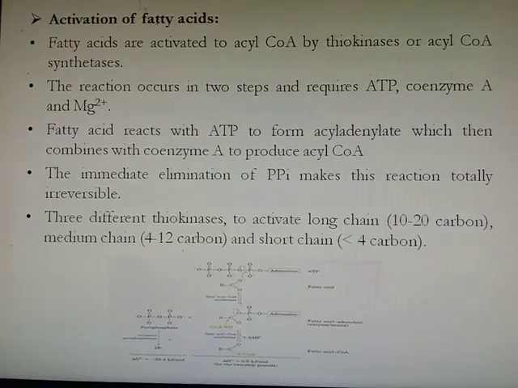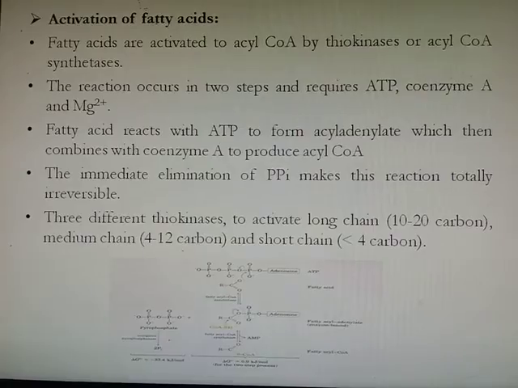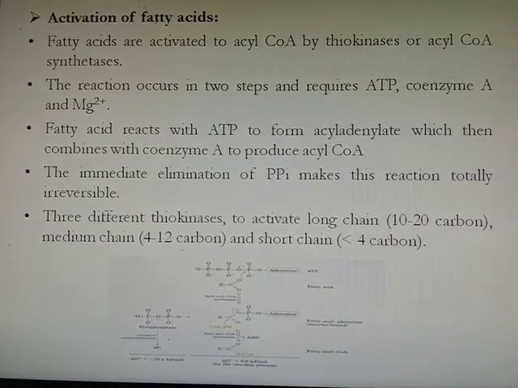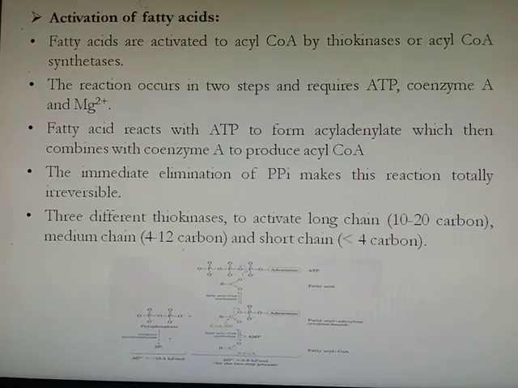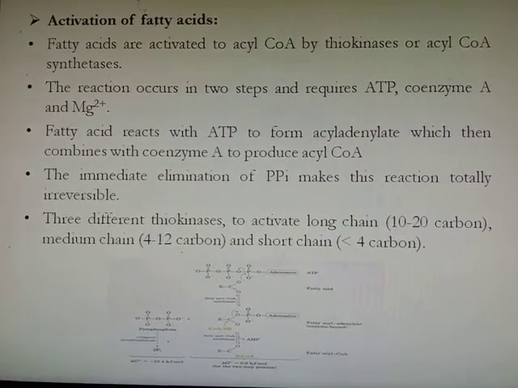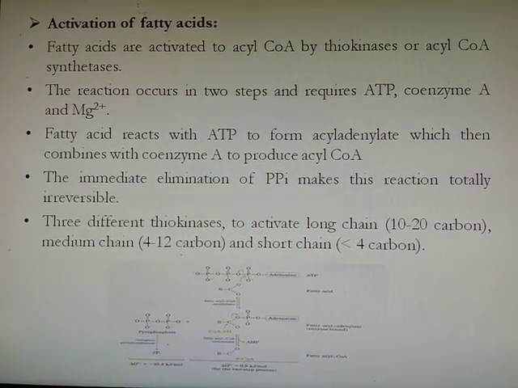Fatty acid first reacts with ATP to form acyl adenylate complex, which then combines with coenzyme A to produce fatty acyl coenzyme A. The immediate elimination of inorganic pyrophosphate makes this reaction totally irreversible.